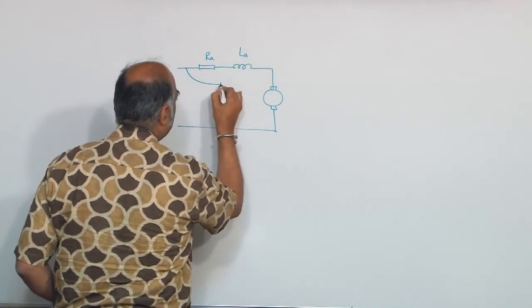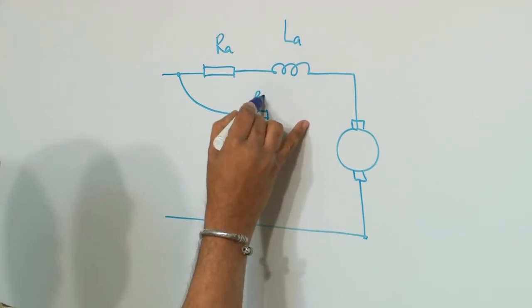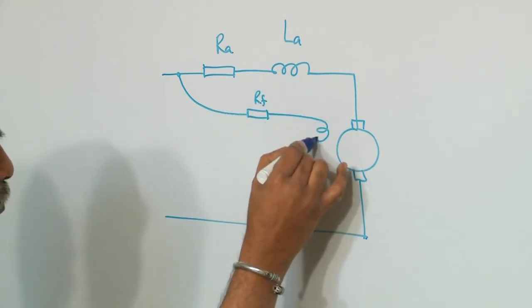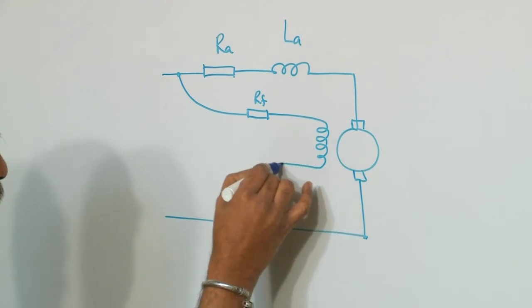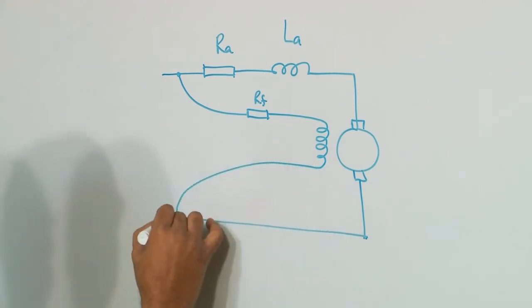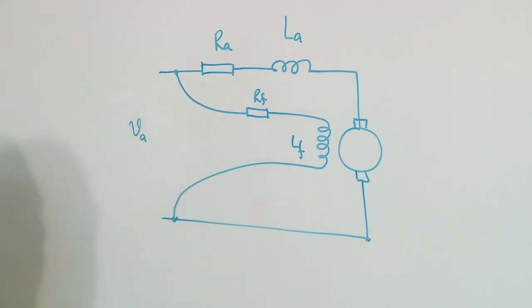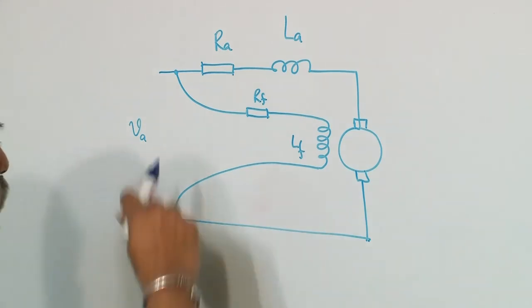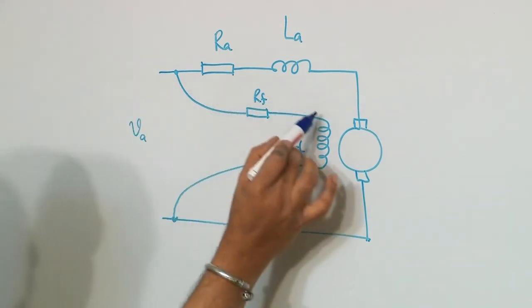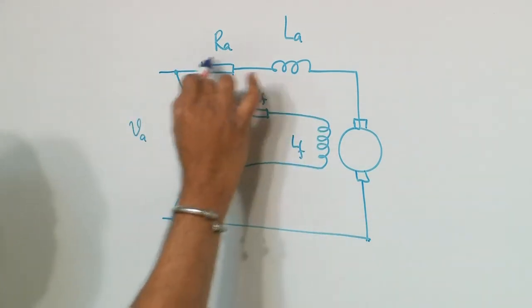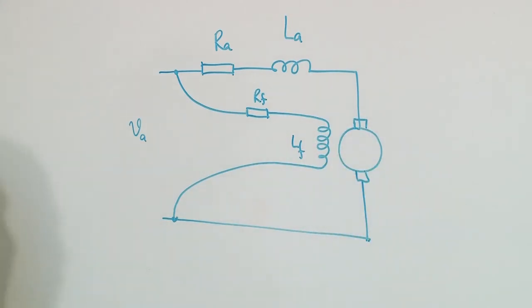Now, I have RF and LF. So, VA is common for both. And therefore, if you see, this portion and this portion are sharing the same effort.